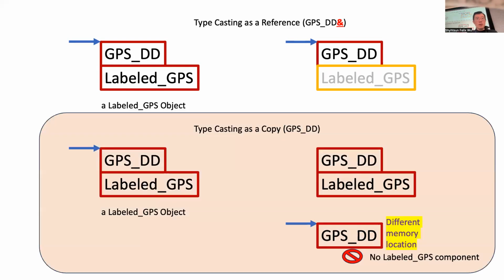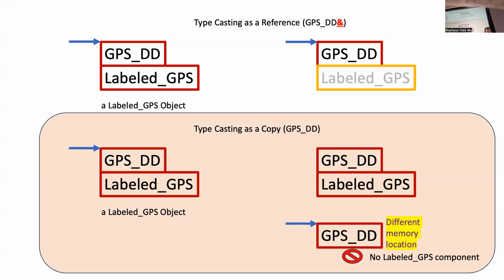But if you do typecasting as a copy, you can see now the difference between typecasting using a reference, where you say GPSDD and put an ampersand sign, and typecasting as a copy, where you just do GPSDD. Over here it's different: instead of having the original, you create a copy.